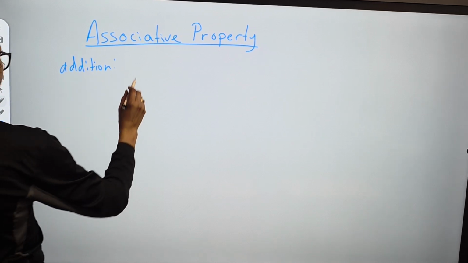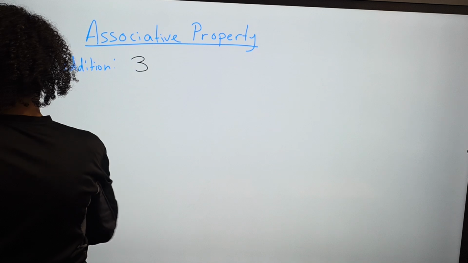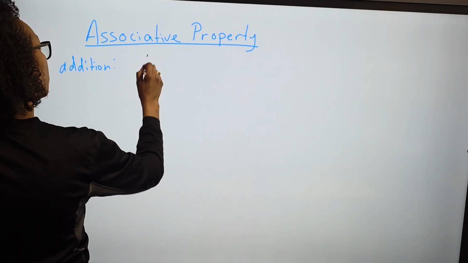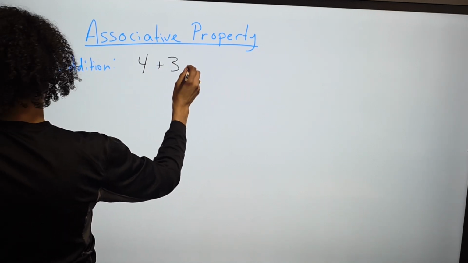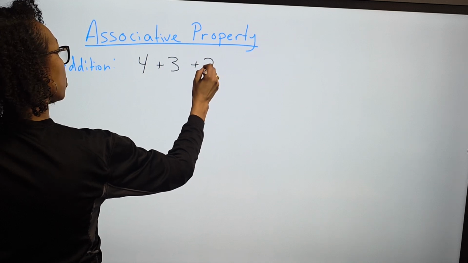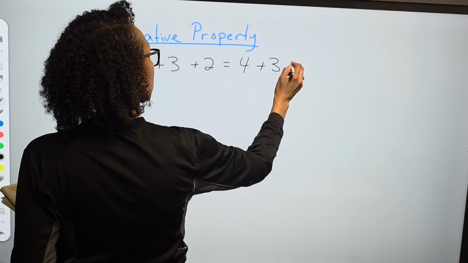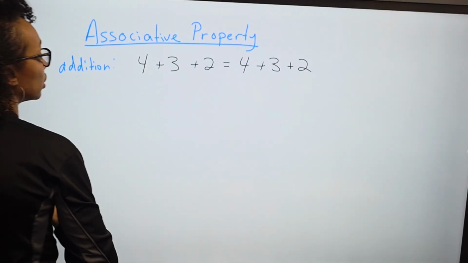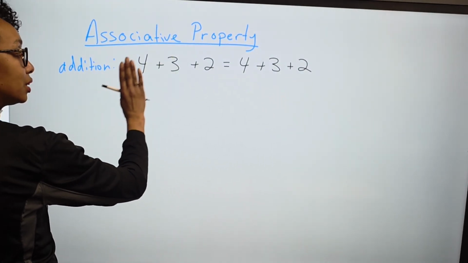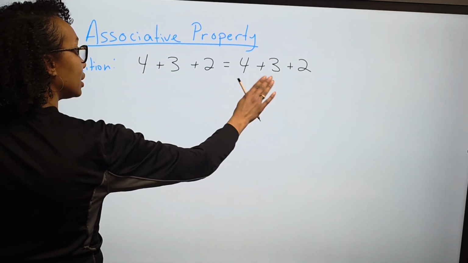it would look something like, they have 4 first. 4 plus 3 plus 2 is equal to 4 plus 3 plus 2, okay? So far, no change, right? Exactly the same numbers in the same order.